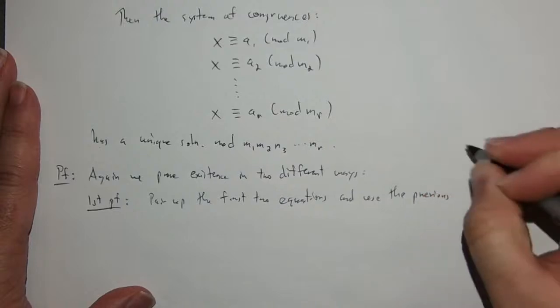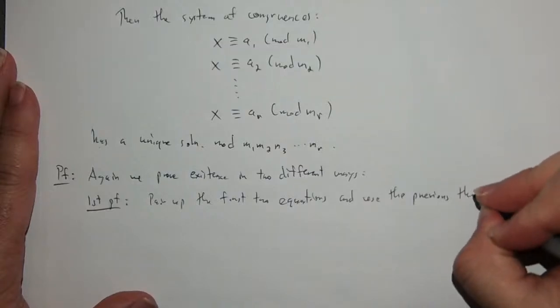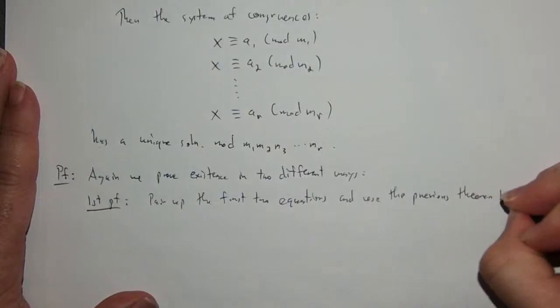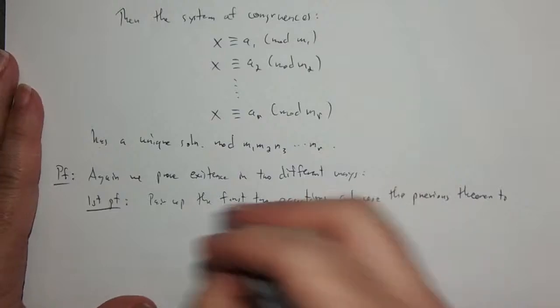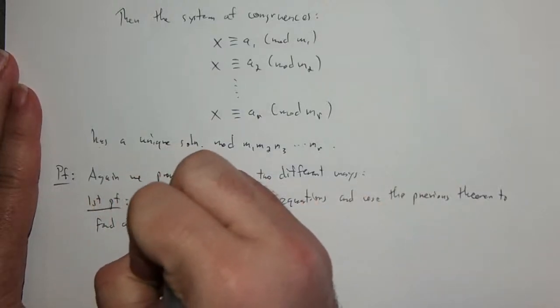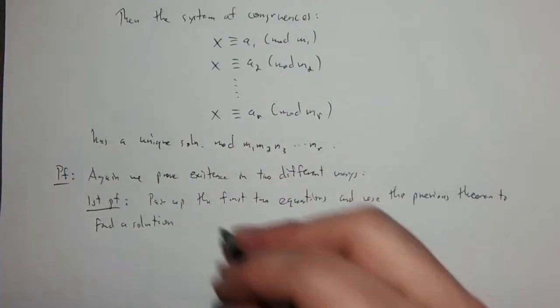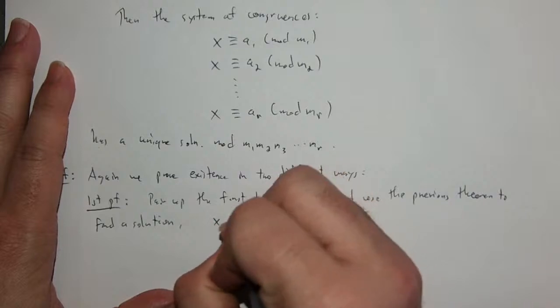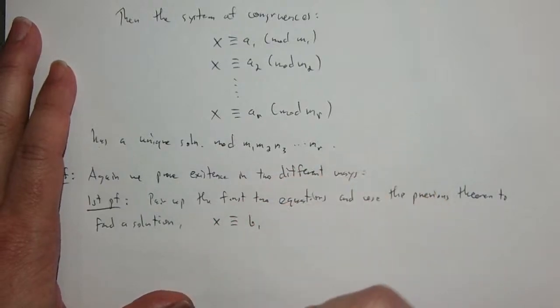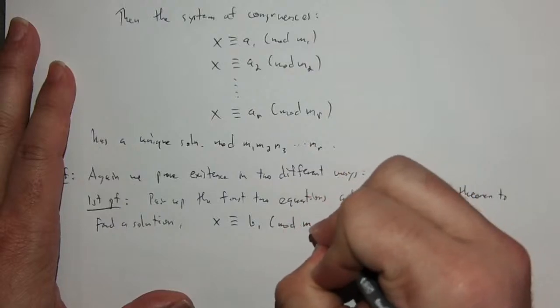and use the previous theorem. That is the Chinese remainder theorem special case when you only have two congruences. So use the previous theorem to find a solution. Well, a solution to those two, we can rewrite that as x is congruent to b sub 1 mod m sub 1 times m sub 2.